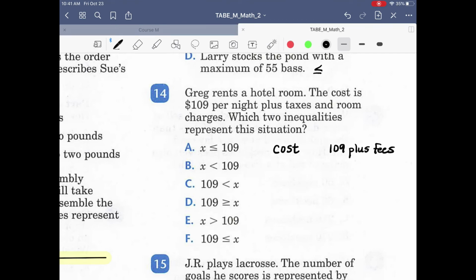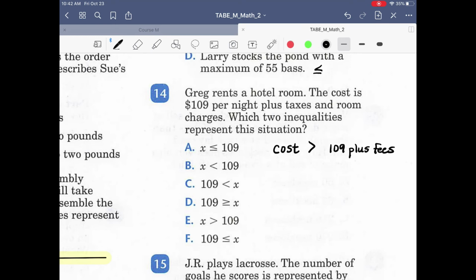So we know that the cost will be at least $109. Now, if there was no tax or fees, you could leave it right. You could say greater than or equal to 109. But we know that it's going to be more than 109 because we know there will be taxes and fees.